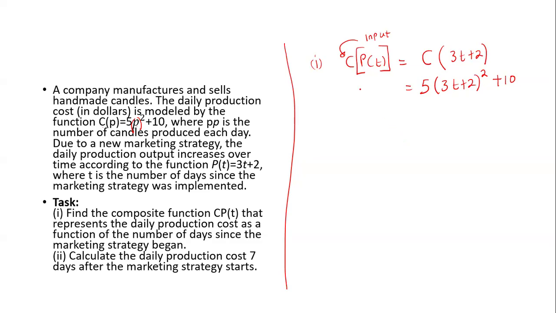So I was requesting that you repeat, like I wasn't just doing this question. Okay, let me review. We have said that we have two functions. We have C of P, which is 5P squared plus 10. Then we have the second one, which is P of T, which is 3T plus 2.